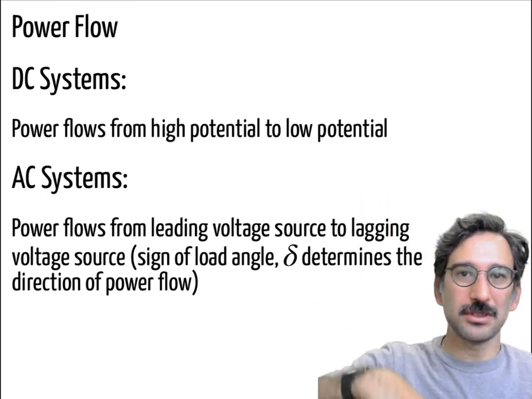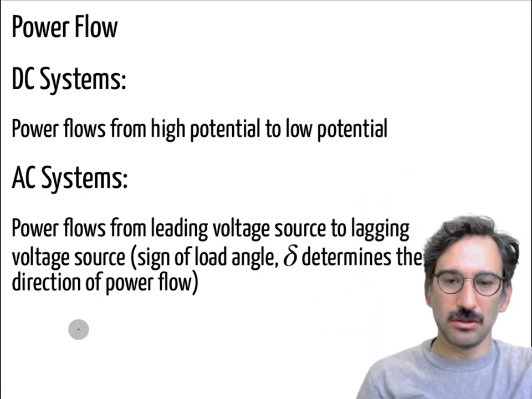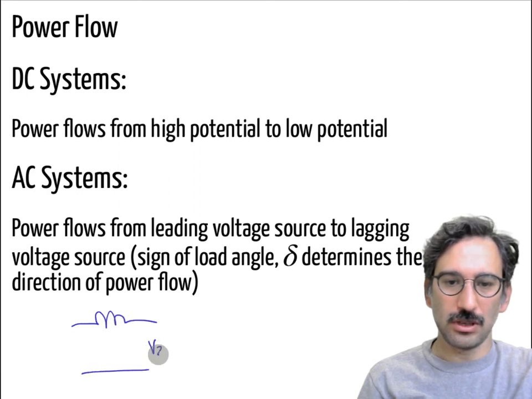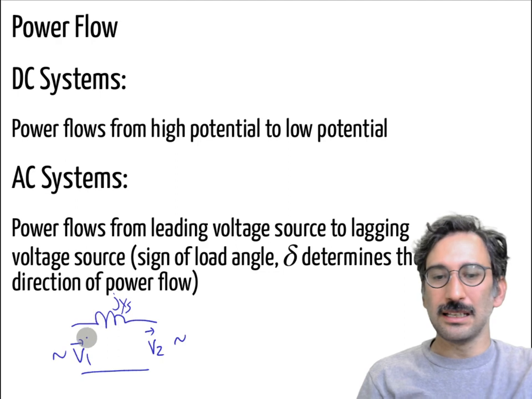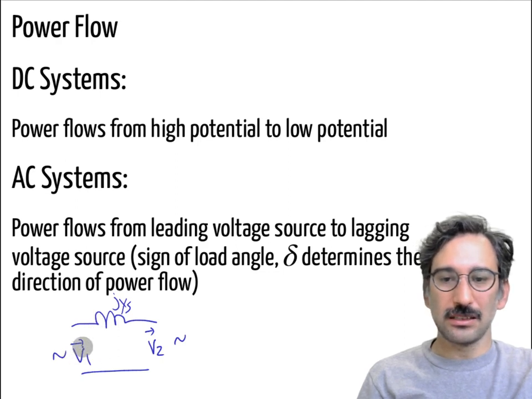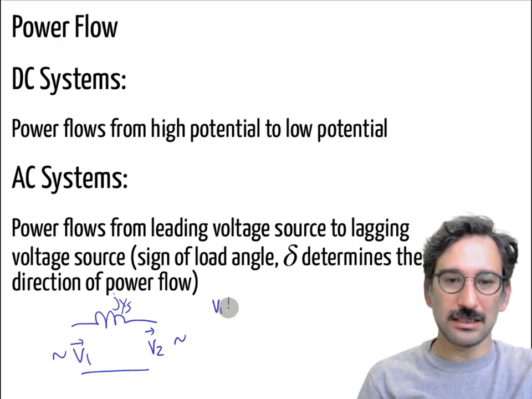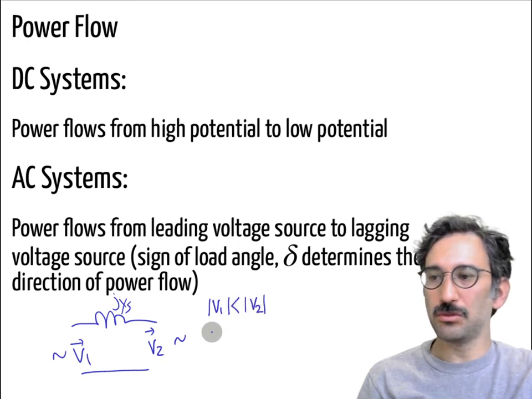Whenever you have sinusoids, let me again show you the same analogy here. You have V2 and V1, this is AC, this is AC at the same frequency. That is important. The power direction does not depend on whether V1 magnitude is smaller than V2 magnitude.